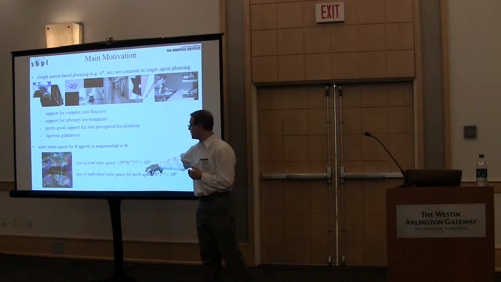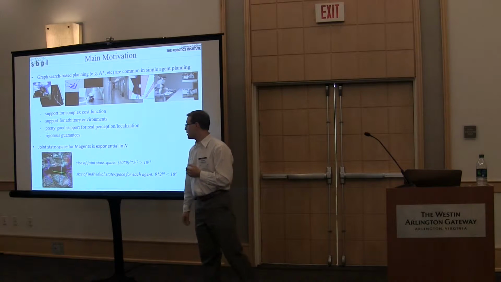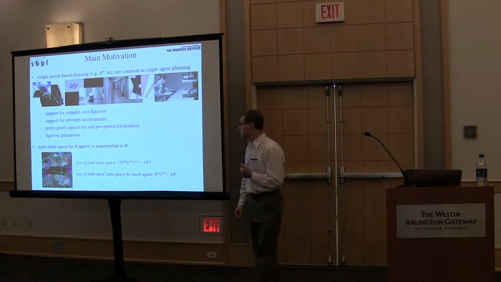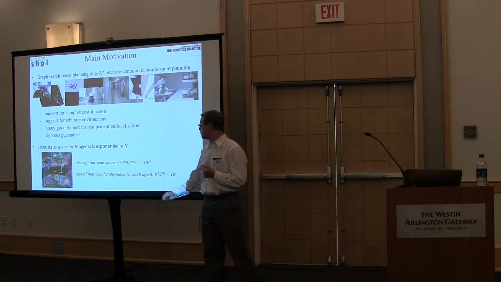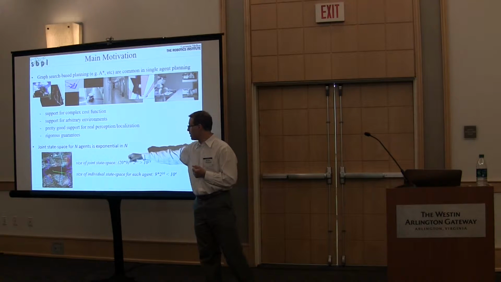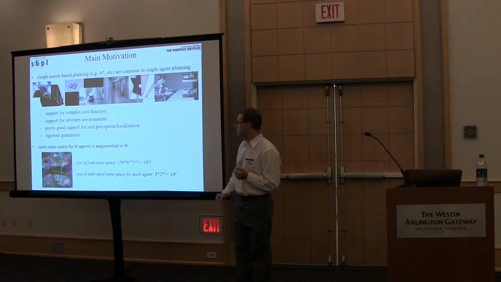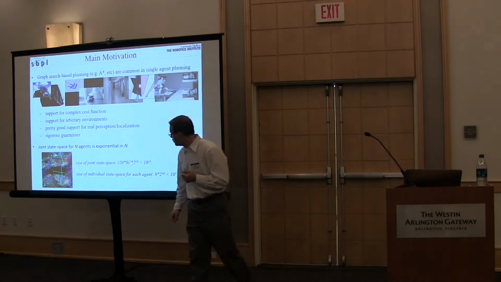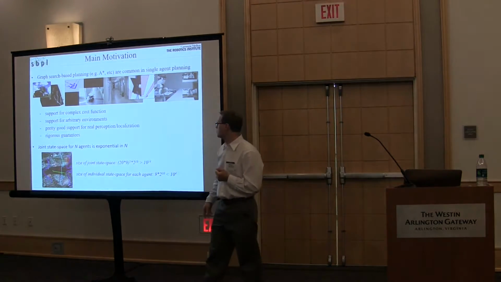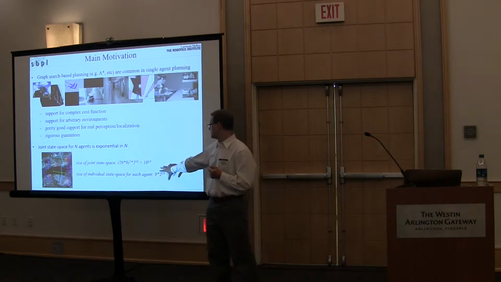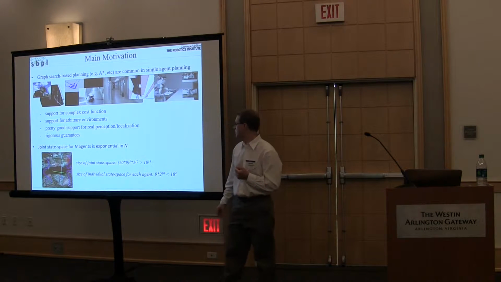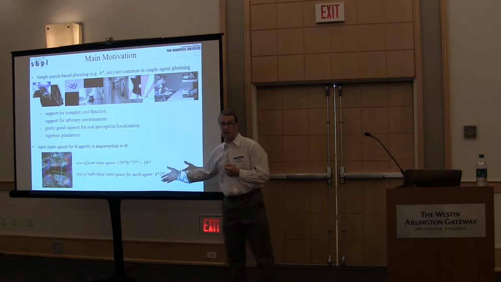Essentially the problem arises because you've got to go to the joint state space, which is obviously exponential in the number of robots. On a problem where I think 4 UAVs have to hit a number of waypoints, if you look at the individual state space for every UAV, it's just 10 to the 4.